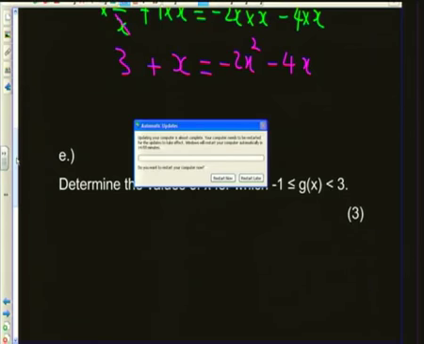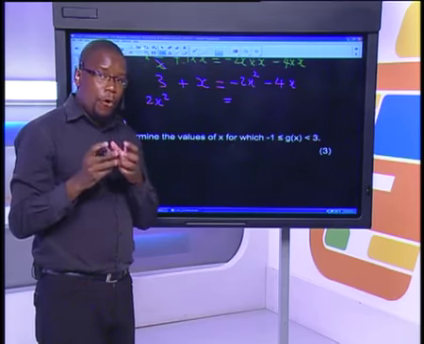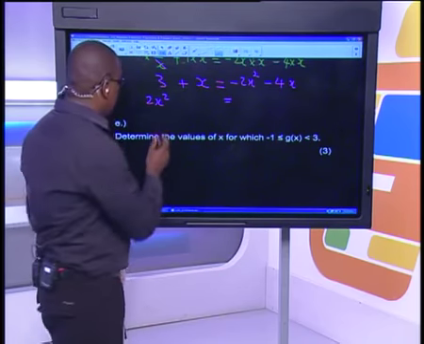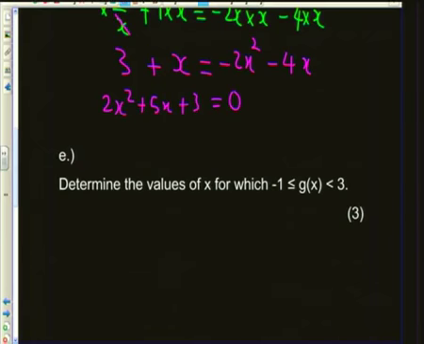I can collect like terms here, right? I will take the negative 2x squared across, so I get 2x squared, right? Take the minus 4x across, changes the sign, remember? I get plus 4x, and then that 4x adds to that 1x, of which I get plus 5x plus 3 equals 0. Now, this goes back to our algebra again. You've got your trinomial, you have to factorize.